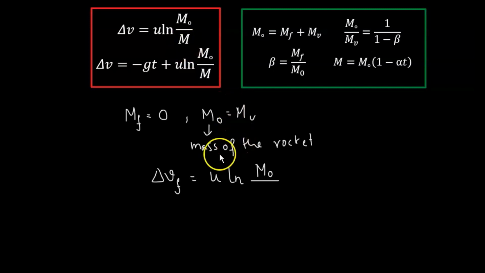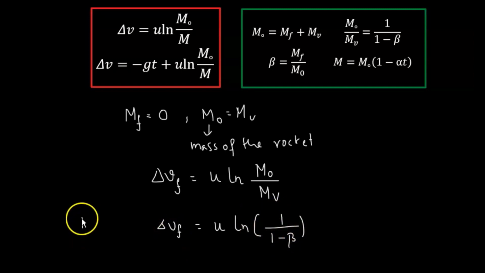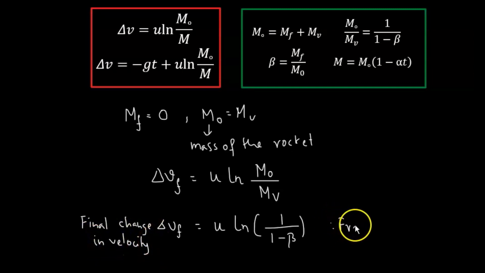Here m actually represents the mass of the rocket after the fuel has been used up, so that will simply get replaced with mv. So we have U natural log of m naught over mv. Now m naught over mv is the parameter 1 over 1 minus beta. So that should give us U times natural log of 1 over 1 minus beta. Therefore, this is the final change in velocity for the rocket in free space.